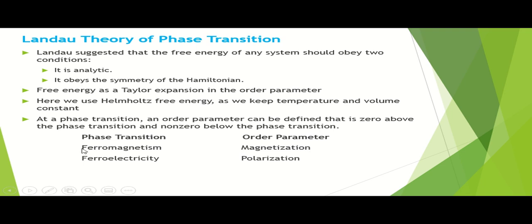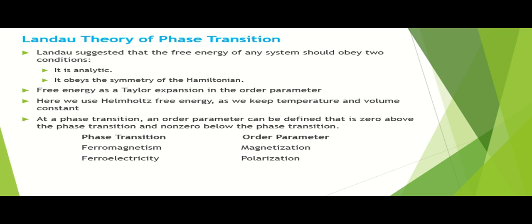So for example, in the ferromagnetic to paramagnetic phase transition, the magnetization can be used as the order parameter. If you have a non-zero value of magnetization, then it is the para to ferro phase transition that is being undergone. And in the paramagnetic phase, there will be zero magnetization because of the randomly oriented magnetic dipoles.